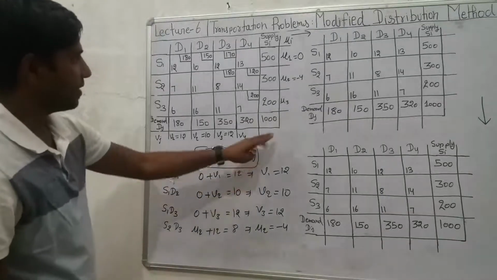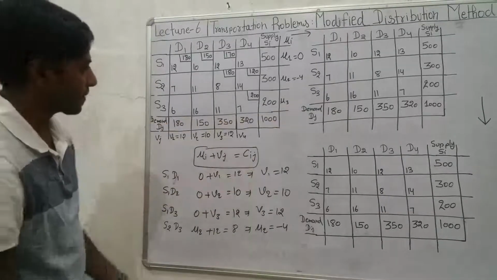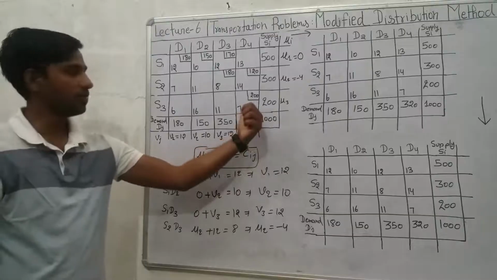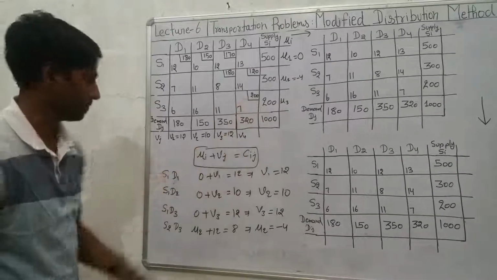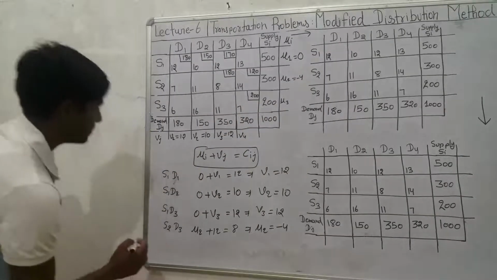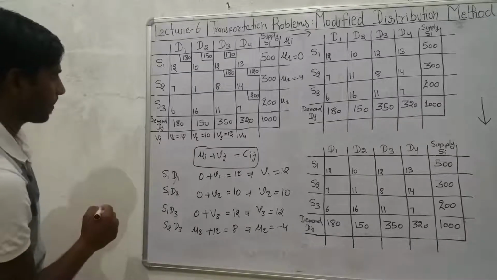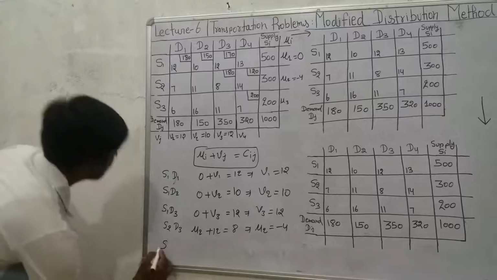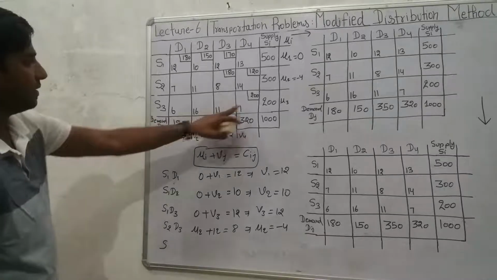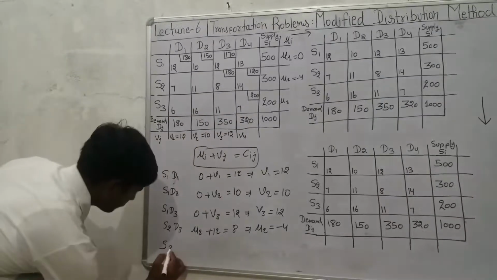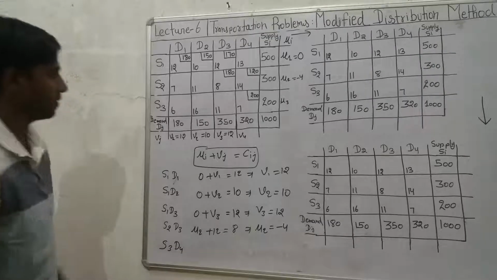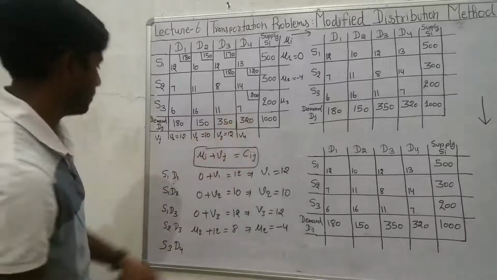So how can you calculate the value of U3? Simply come to the occupied cell of this row, that is this one, S3D4.